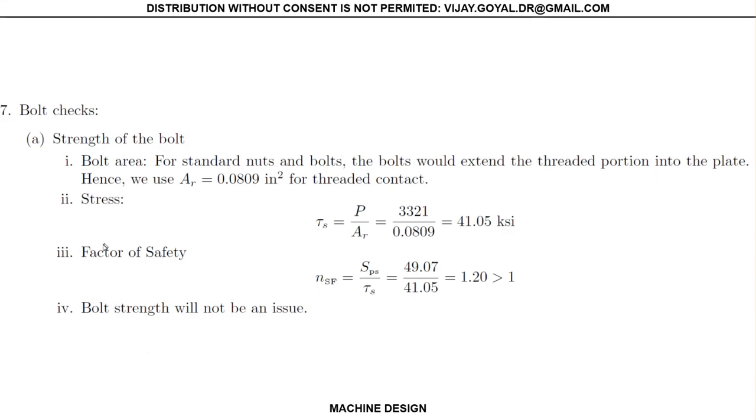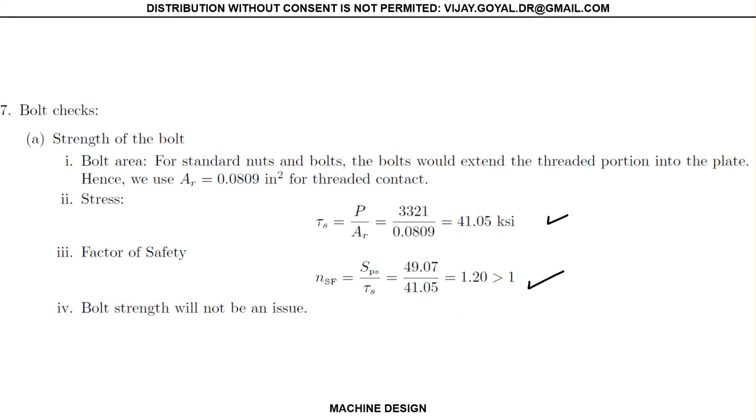So I do the bolt check. The first check, since this is tight, uses the threaded area. If it's threaded area, then this is the area I use. This is my load, this is my shear, and you can see that this is satisfied. We are good, it is acceptable.